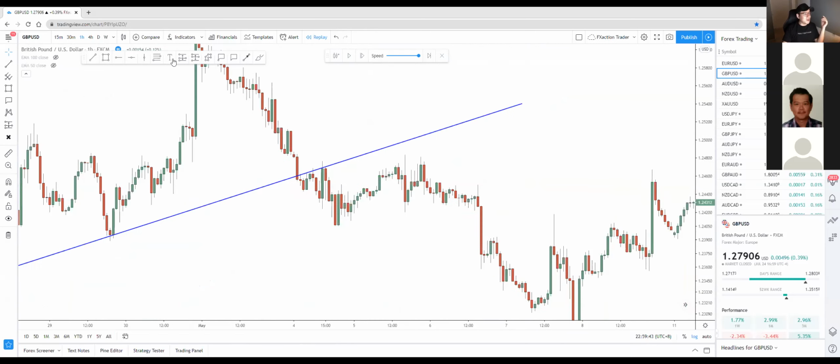Okay, so on this H1, if you are trading with H1, you will see that, oh, this is a head and shoulder pattern. The market is going to go up and I will go all in. All right, I used to trade like this, not bluffing. It's my true story.